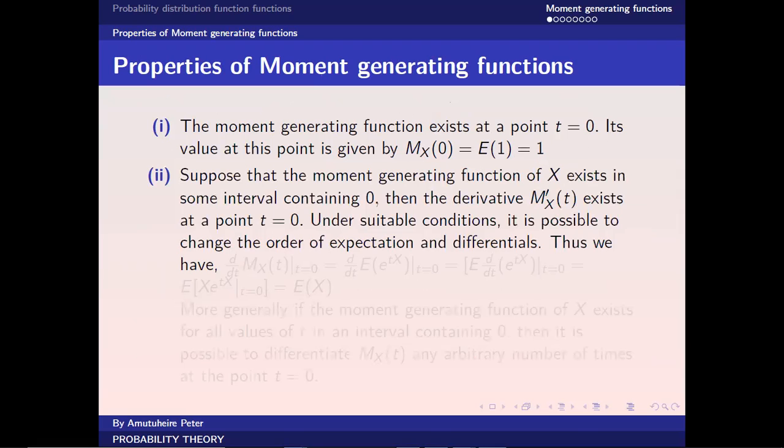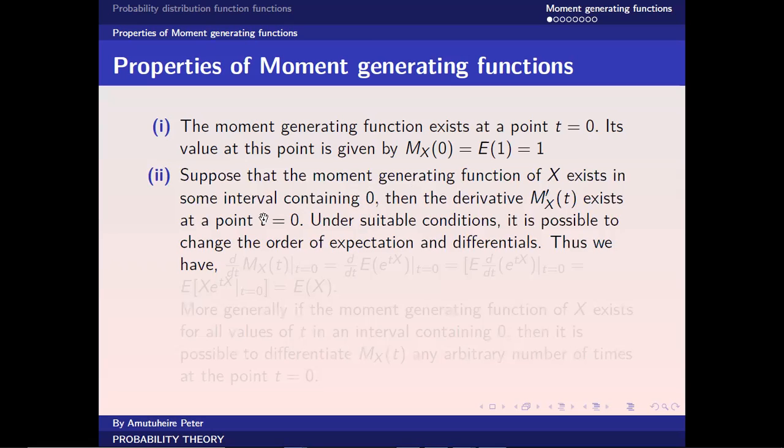Property number 2: suppose that the moment generating function of x exists in some interval containing 0, then this function is also differentiable, so its derivative also exists, and the derivative exists only if it exists in an interval containing 0.